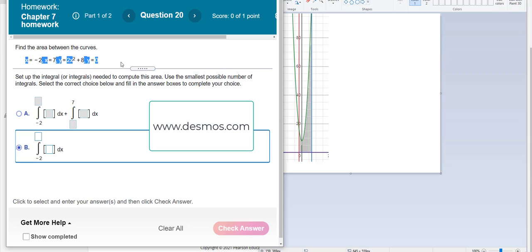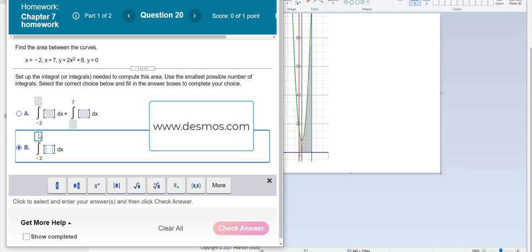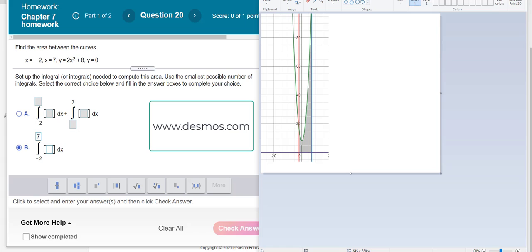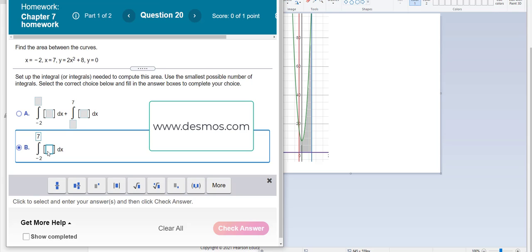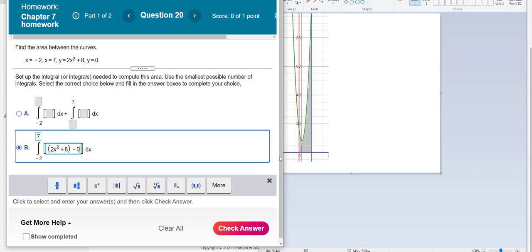So we're going from -2 to 7, right? They're saying find it from over here at -2 to over here at 7. And you always take the top function, in this case the green one's on top. So that's going to be 2x squared plus 8, minus the bottom function, which in our case is 0. It's the y equals 0 line.